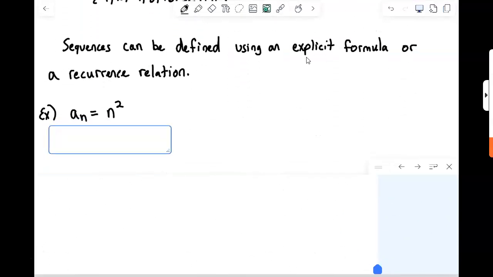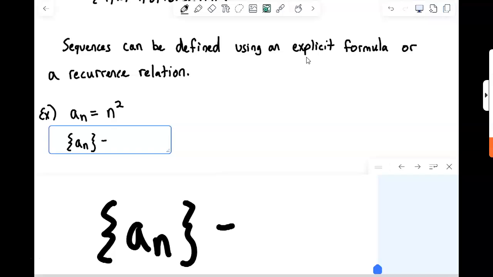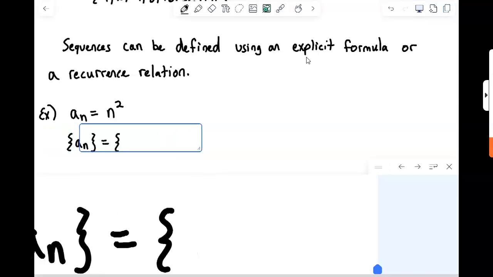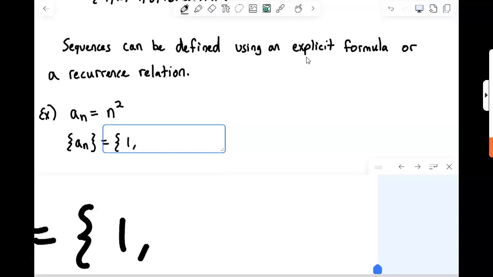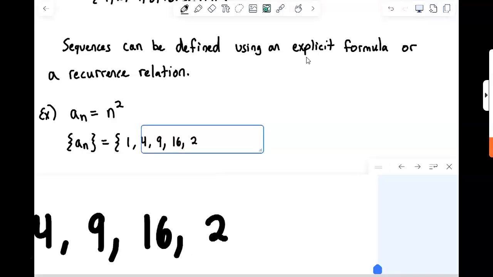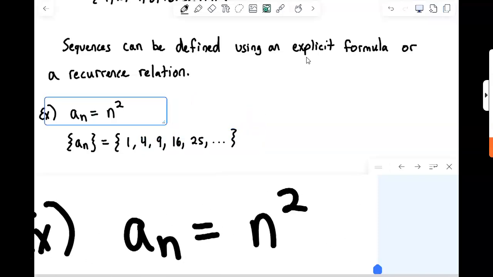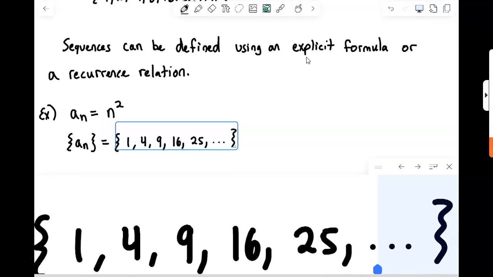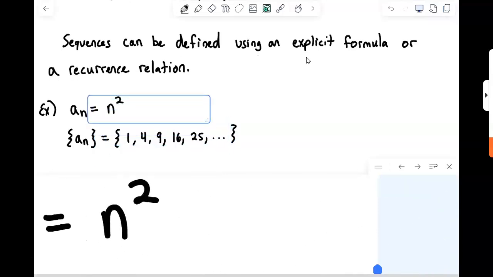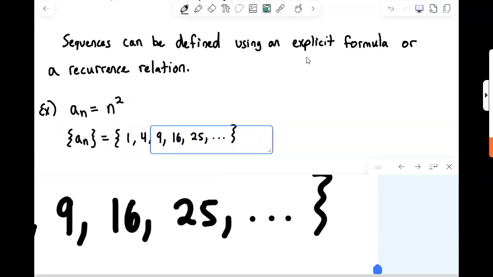Using that formula, a1 is 1 squared, a2 is 2 squared, a3 is 3 squared, a4 is 4 squared, a5 is 5 squared, and so on forever. So that's a sequence defined by a formula in terms of the index, based on the position.